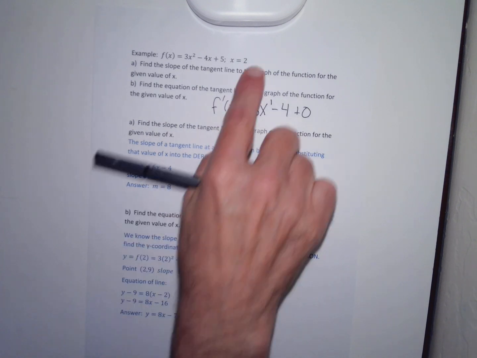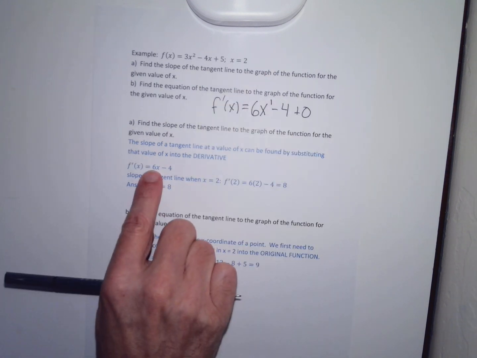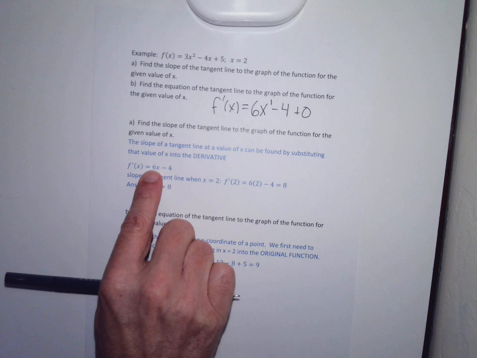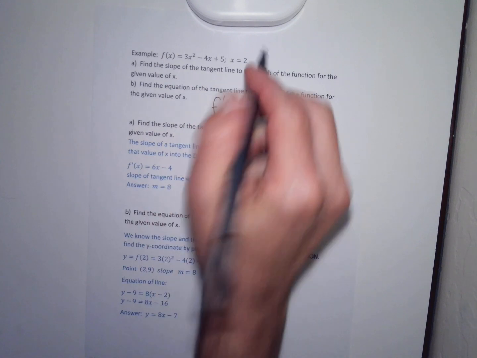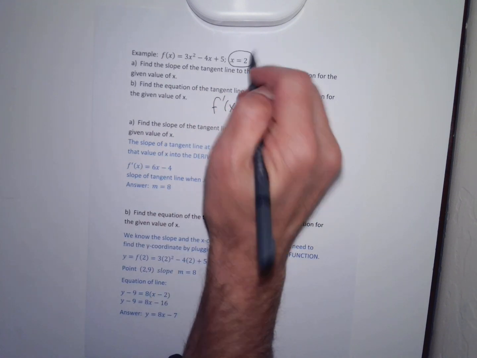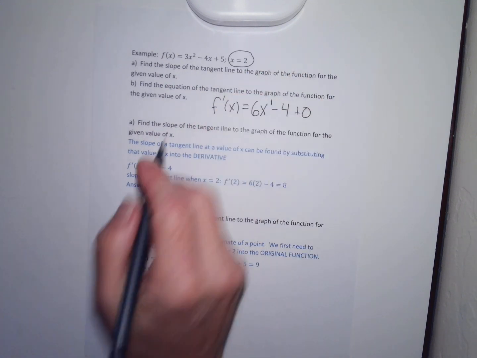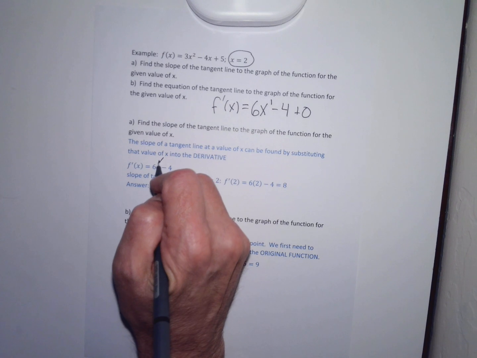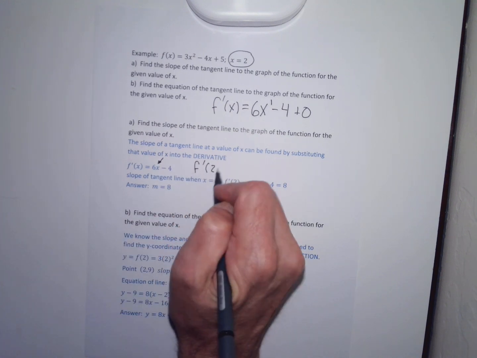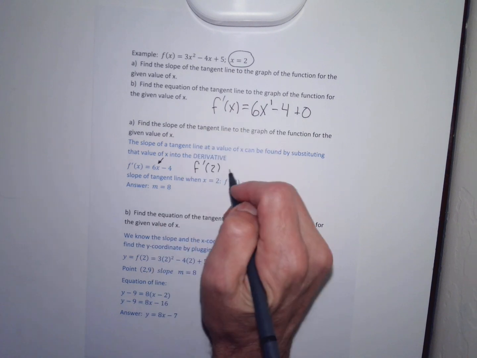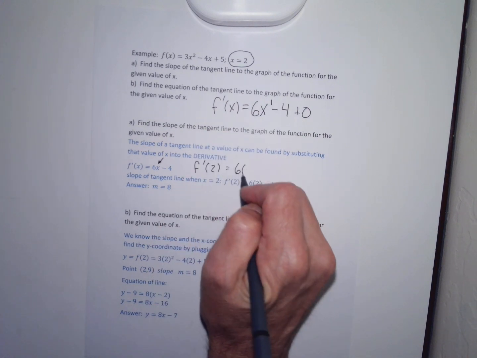If I take a value of x and plug it into a derivative, it gives me the slope of the tangent line at that value of x. So in part A, where it asks me to find the slope of a tangent line at x equal to 2, I need to take that x equal to 2 and plug it into the derivative. When I plug 2 in for x, what I'm getting is a slope of a tangent line.